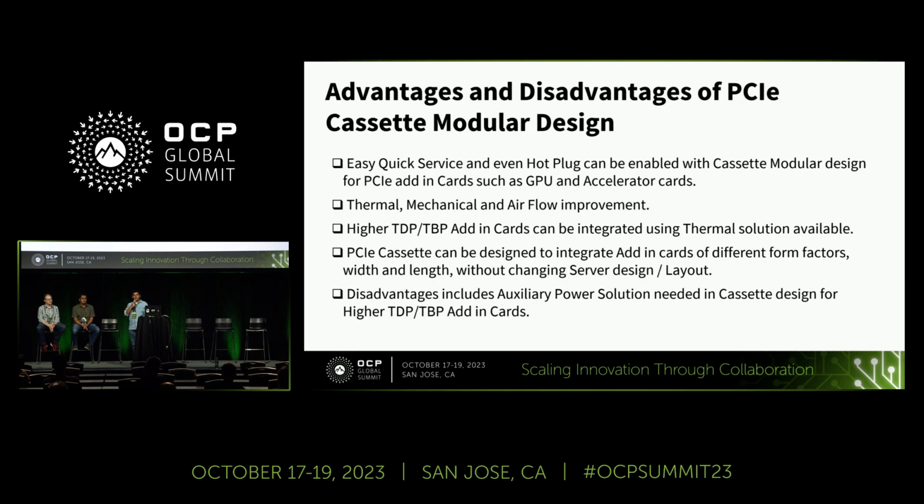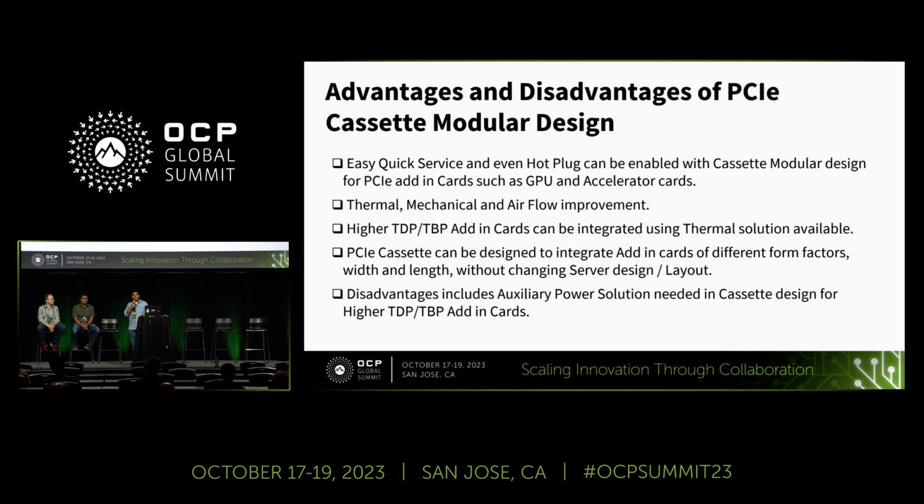The solution is what we discussed in OCP thus far, that liquid cooling is the way to go, as well as how you want to do it. So we are looking into solutions of liquid cooling through cold plate.